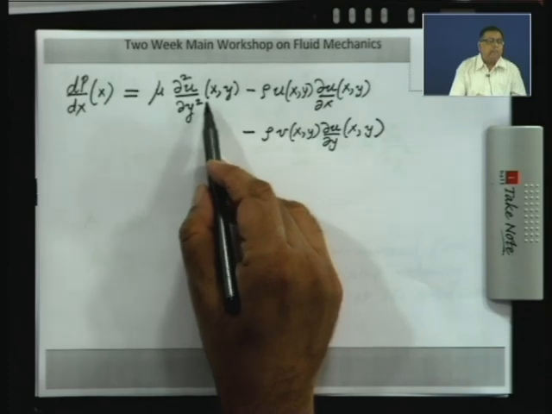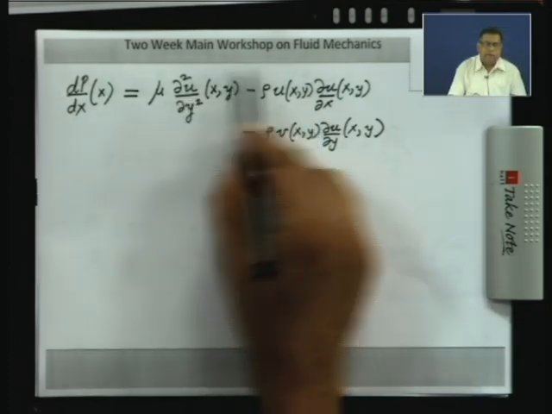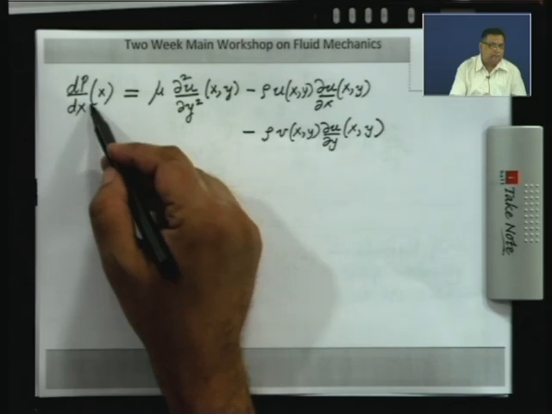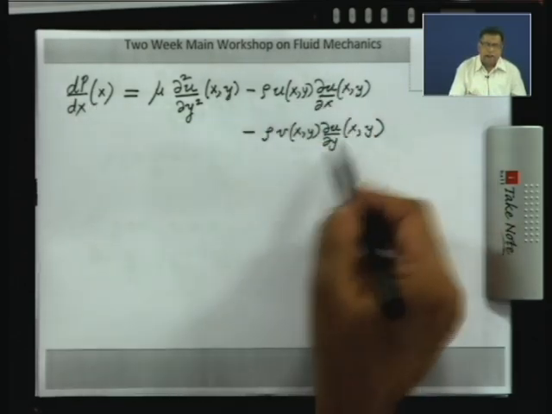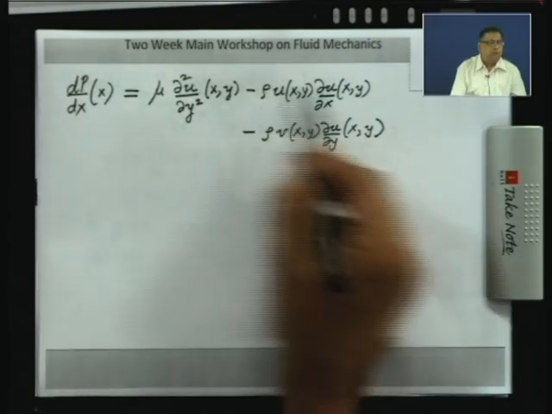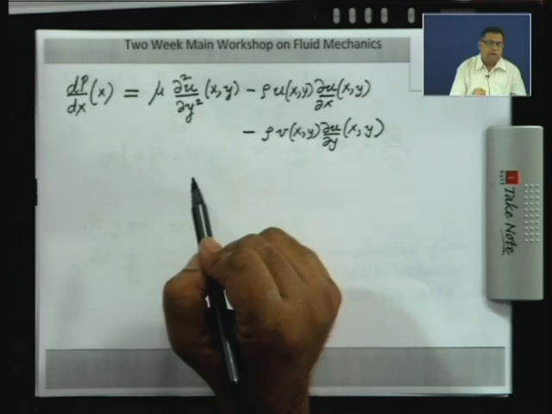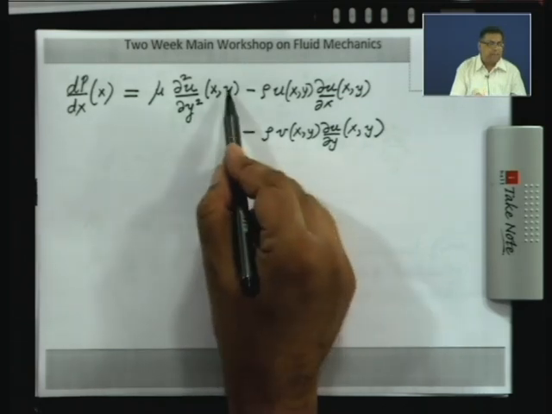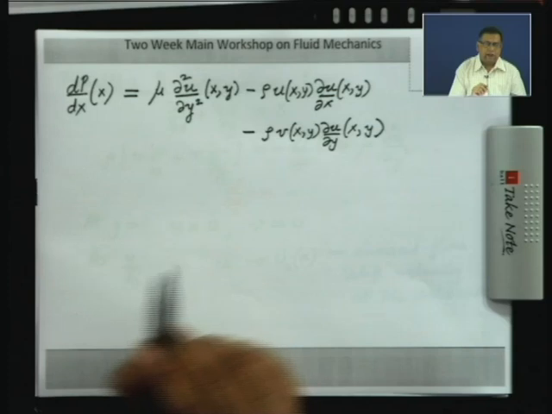Now, if you consider the three terms on the right hand side, each of them depends on x as well as y, but this sum total will depend only on x. I can evaluate this at any y and find what dp dx is. If I want, I could put y equal to 0, but I do not know how to evaluate all the terms at y equal to 0, but from the matching conditions I know the conditions at infinity. So, I can determine the pressure gradient by looking at the conditions at infinity.